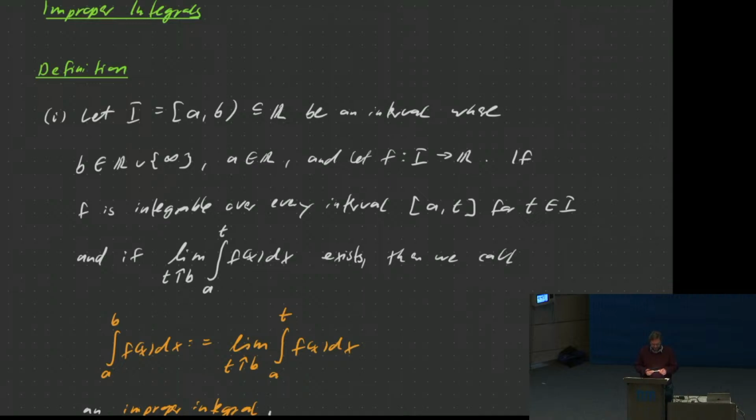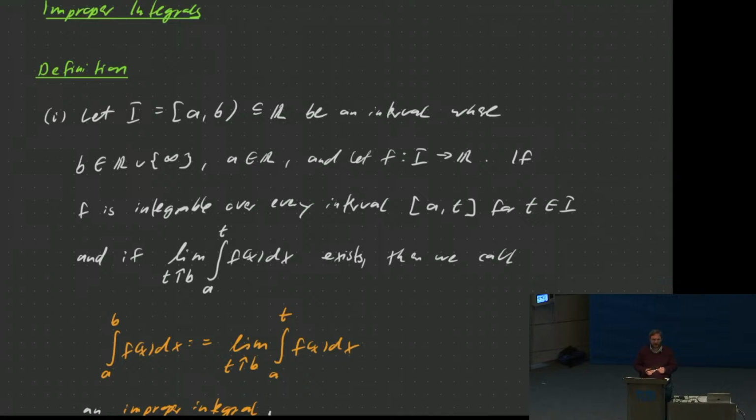The point here is that possibly one of the endpoints of the domain of integration, so a or b, might be points where the function is not defined, or they might be infinity or minus infinity. Think of something like 1 over x, and you want to integrate from 0 to somewhere, and 1 over x is just not defined at 0.